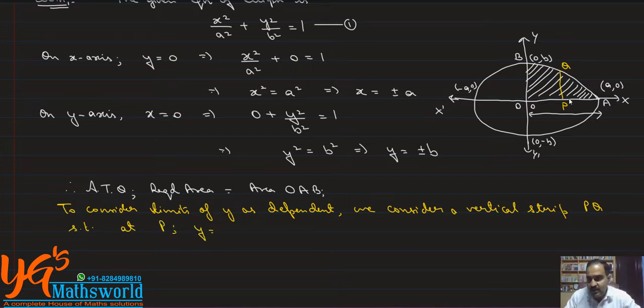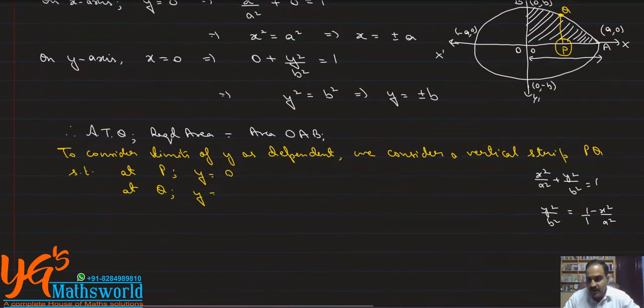Since P is lying on the x-axis, the value of y at the x-axis is 0, and at Q, the value of y, now at Q, that means we are lying on the ellipse. So if we are lying on the ellipse, that means we have x square upon a square plus y square upon b square is equal to 1, or y square upon b square is equal to 1 minus x square upon a square. I am taking LCM now.